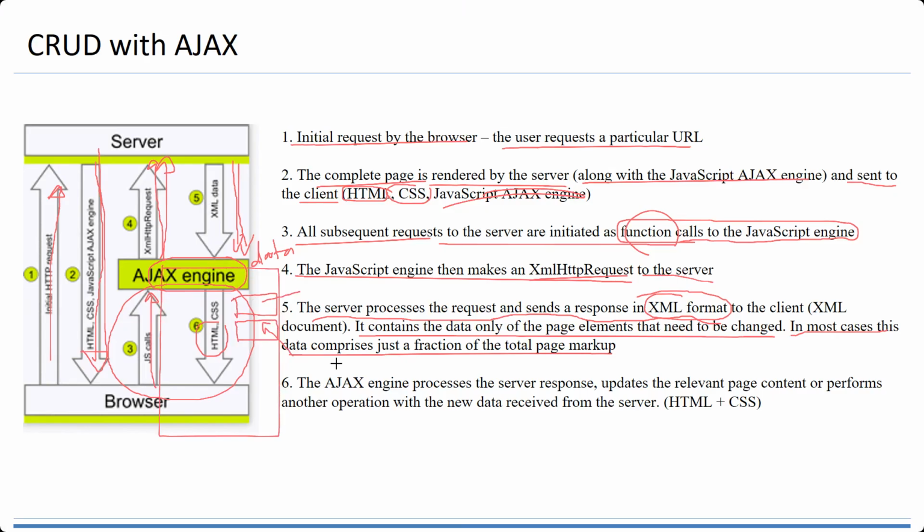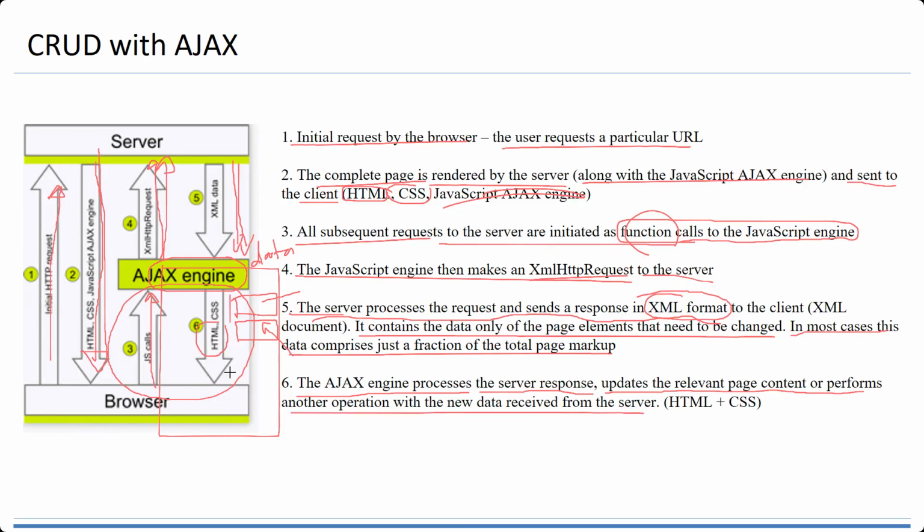And then after we complete with this XML data, the AJAX engine processes the server response and updates the relevant page contents or performs another operation with the new data received from the server.